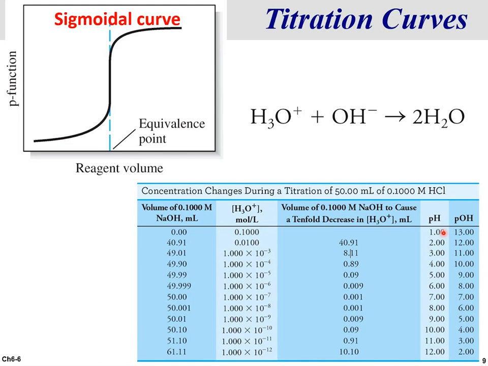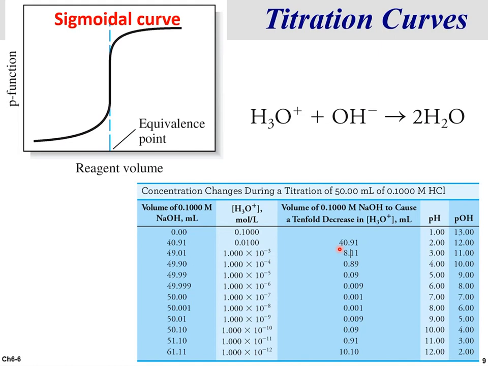Now, at this point it's not important how we calculate it. What's important is that in order to change the pH by a factor of 10, we need to add sodium hydroxide to this solution.